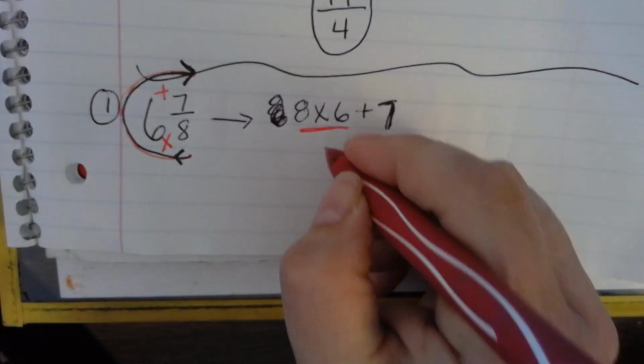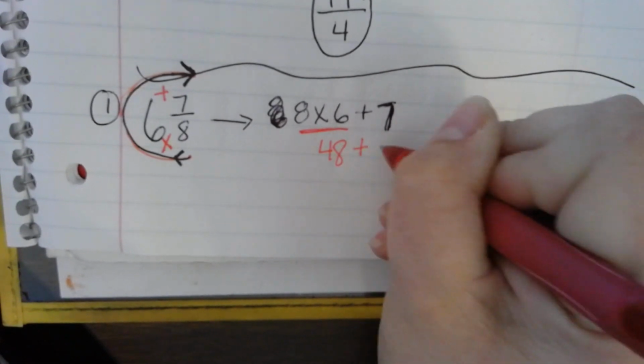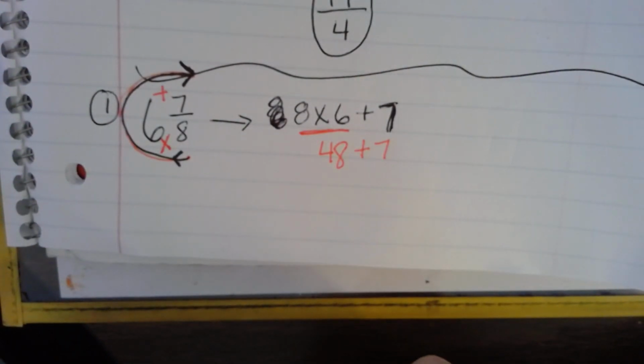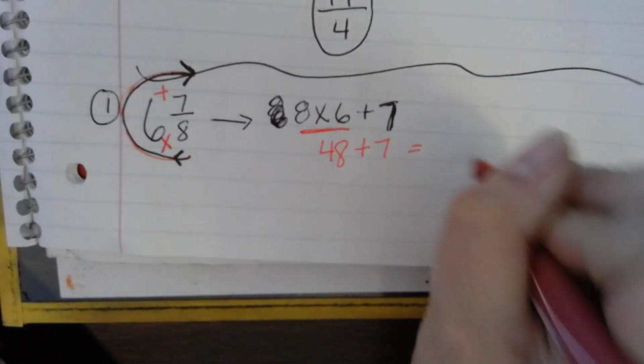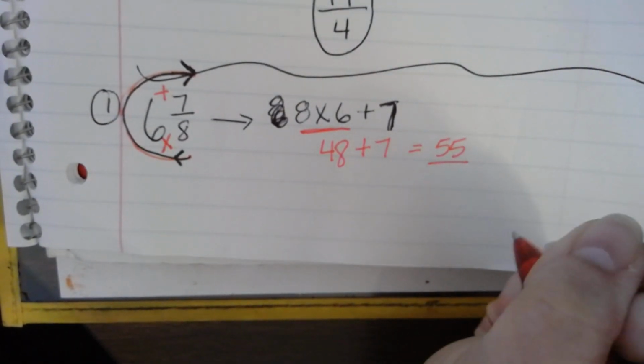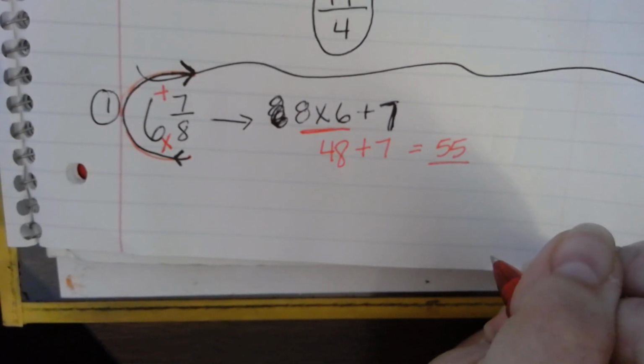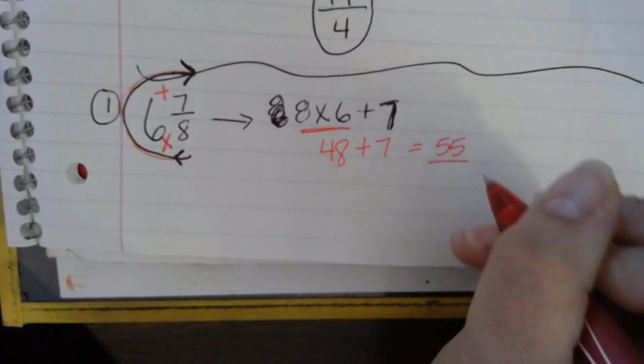So 8 times 6 is 48. Then I add the 7 more slices, which gives me what, 55? 55 over what? My numerator changes, my denominator stays the same. And it's what? 8, yeah.